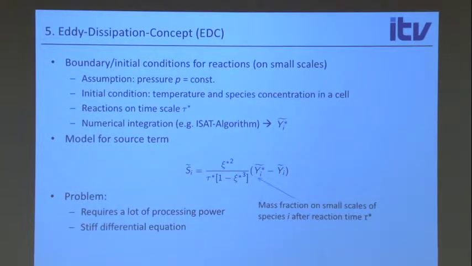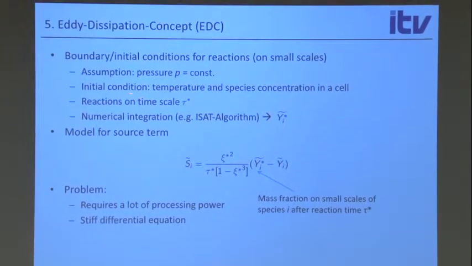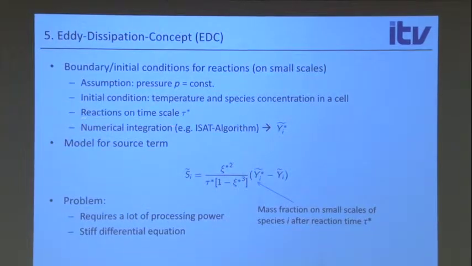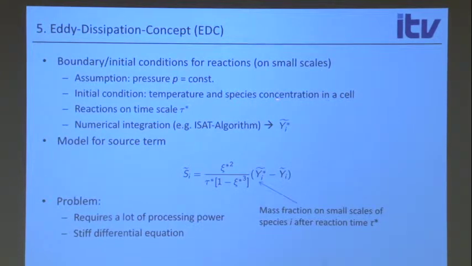Let's say in each cell, I assume the cell is a homogeneous reactor, and I want to do a simulation for a certain time step. So I just do a numerical integration of that time step as a homogeneous reactor. And I get a new set of mass fractions here at the end of the time step.